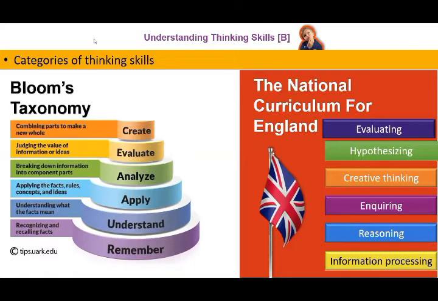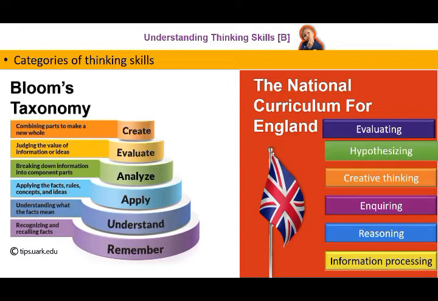So we are finding here the last 3 stages in the English national curriculum: creative thinking, hypothesizing, and evaluating. It's clear that hypothesizing is an extra stage which is not in Bloom's taxonomy.